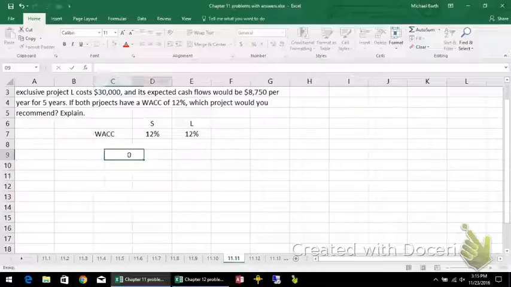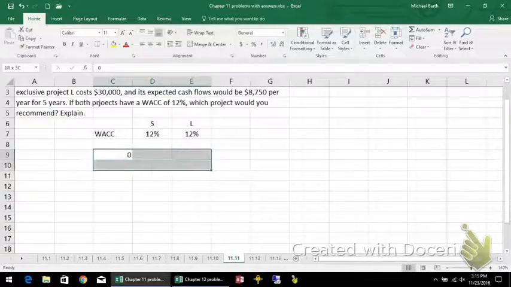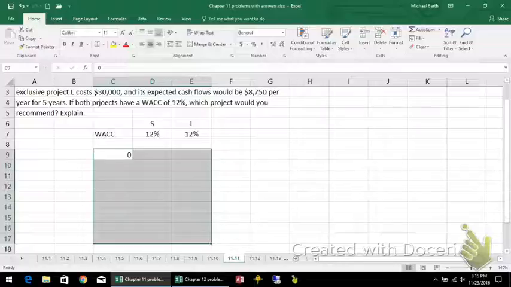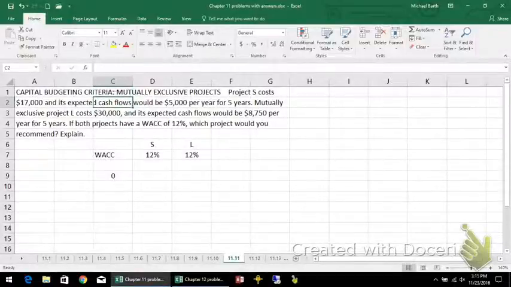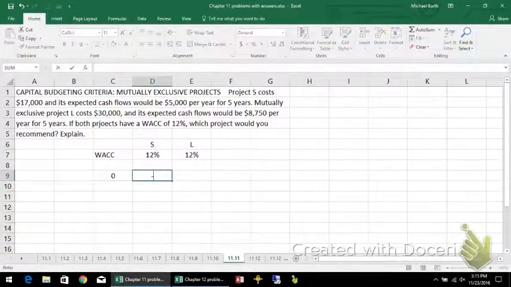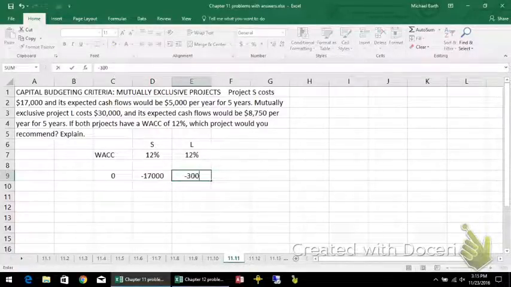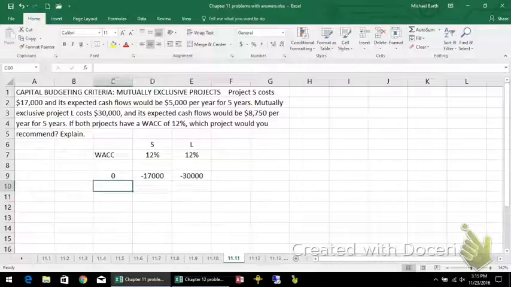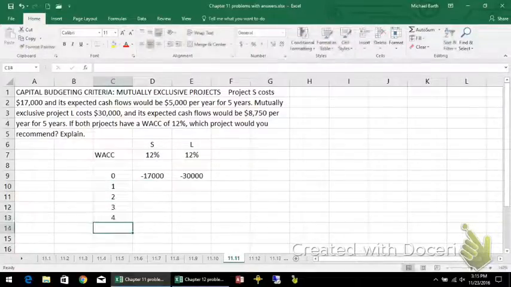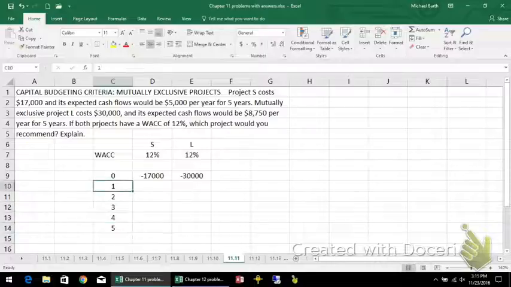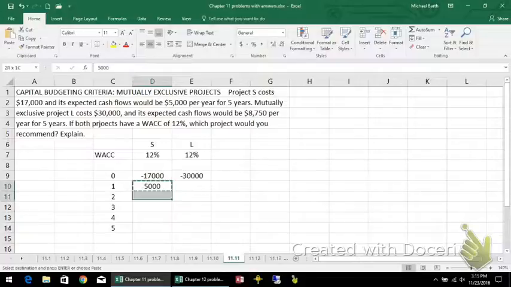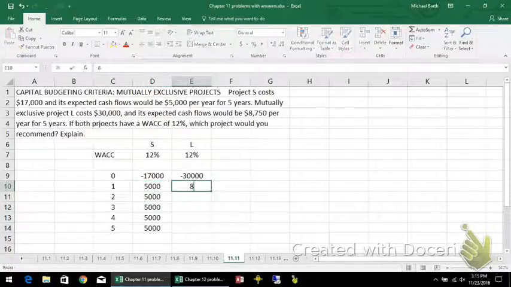At time 0, the initial outlay for project S is negative $17,000, and for project L it's negative $30,000. Then the cash flows in years 1, 2, 3, 4, and 5 will be $5,000 a year for project S and $8,750 for project L.